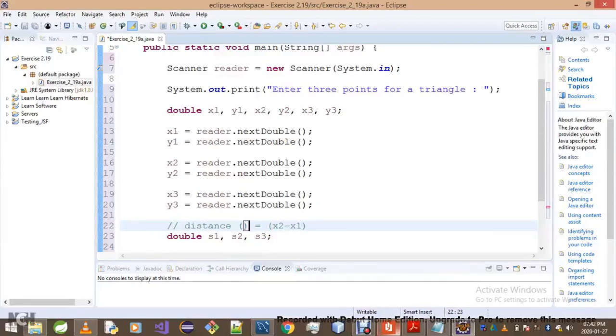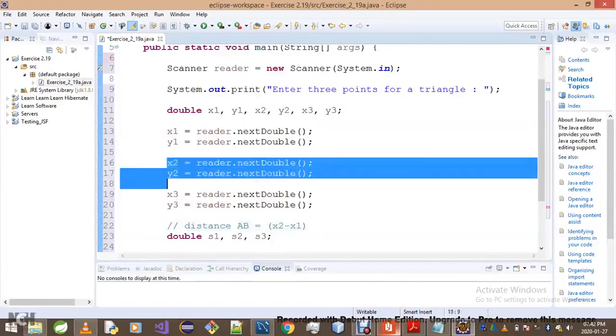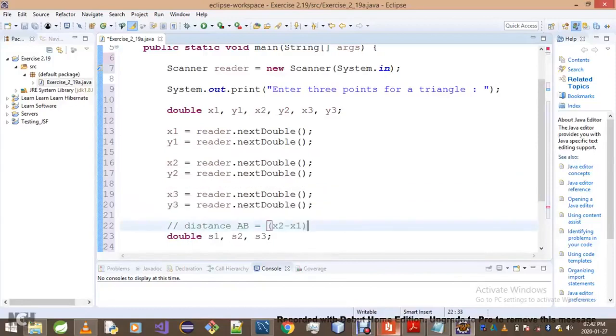Let me just go the distance AB, where A is this point, x1, y1, and B is x2, y2. So let's make that our assumption. In that case, x3, y3 will be our C. So we'll be having 3 points, point A, point B, point C.